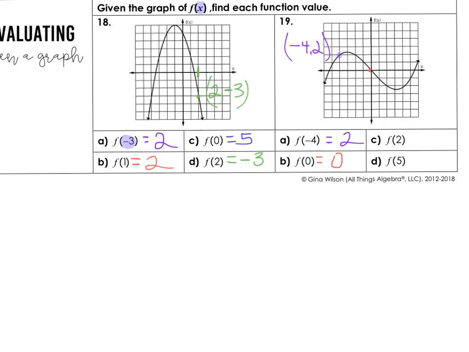F of 2, so I'm going to go over to the 2, and then I'm going to go down this time. So that's the point 2, -2. So that's equal to -2. And the last one is f of 5, which is here. And when I go down, that's the point 5, -1. So f of 5 is -1.